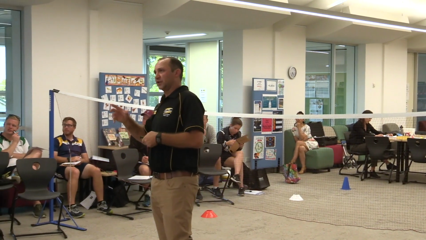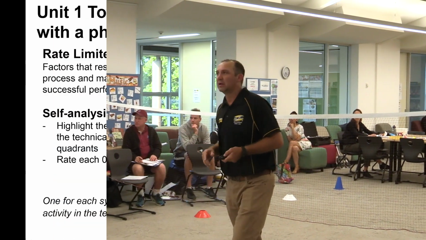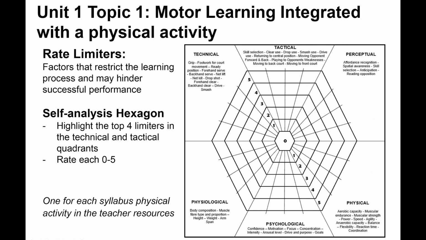We've developed this notion of a self-analysis hexagon. So you should have been given one of these to work with. And again, we're working with badminton. What I want you to do is have a think about your own badminton play. And just like I've done here with the highlighter, maybe not 4 in the time that we've got, maybe 2 or 3.